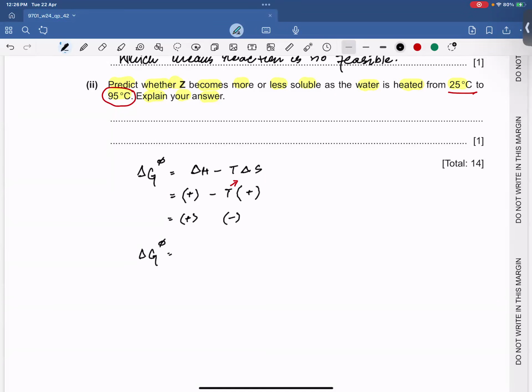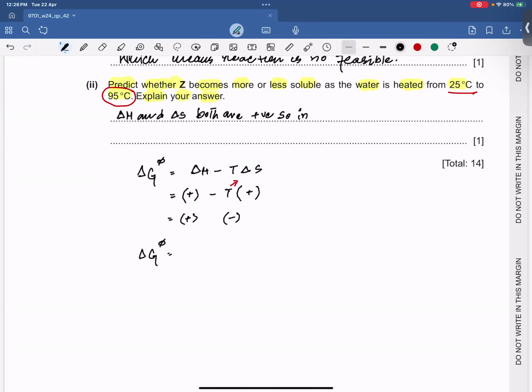Within 2 lines and for 1 mark, how can I write the entire information? Delta H and delta S both are positive.